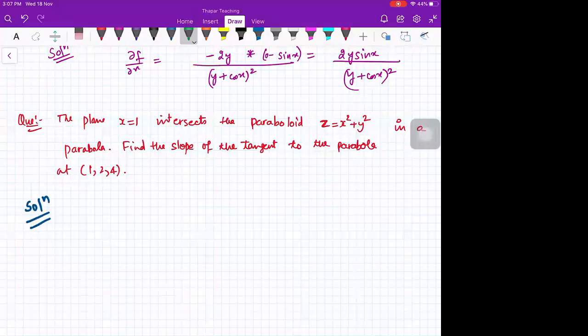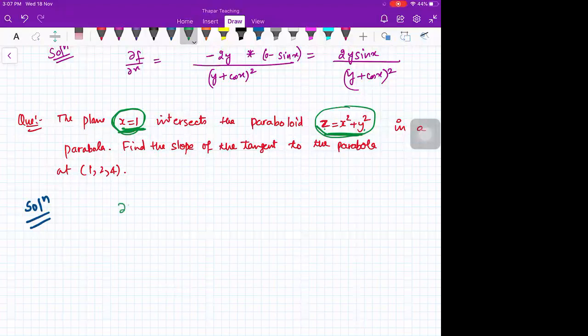You see, beta, first of all, you are saying that this plane x equal to 1 intersects this paraboloid. When you put x equal to 1 in this paraboloid, you will get z as a function of y. It means you have to find the slope, which means you have to find the derivative of z with respect to y.